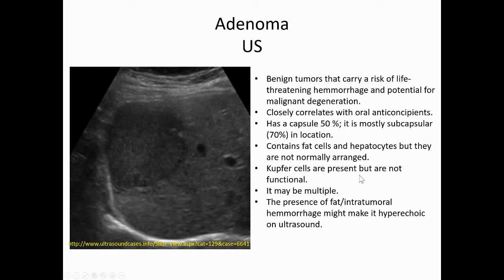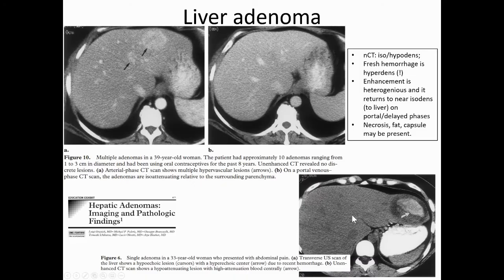Kupffer cells are present, but they're not functional, and that's very important. They can be multiple, and yes, fat and hemorrhage might make it hyperechoic on ultrasound. Here is how an adenoma would look on a CT study.